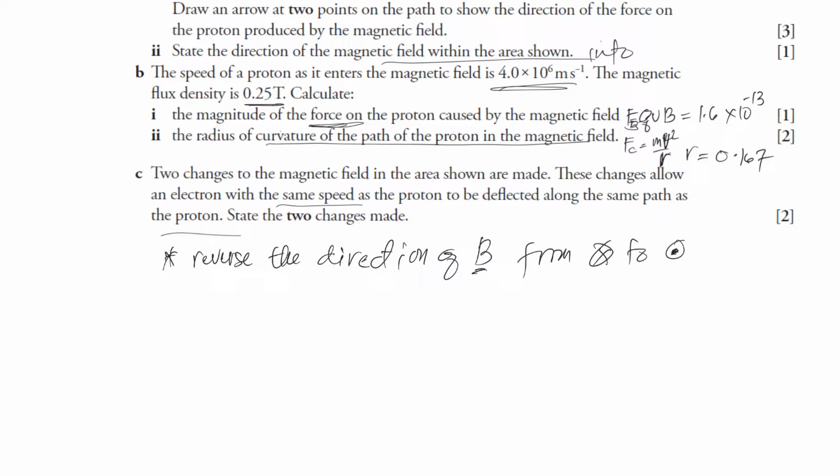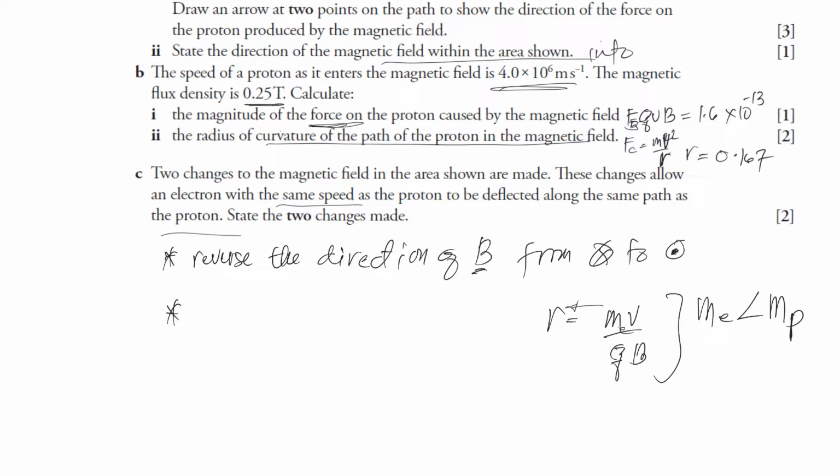Next is that the second change should be made to the radius. We know that r equals mv all over qB. Now we also know that the mass of electron is smaller compared to the mass of the proton, right? So since it is electron now, the r will reduce.